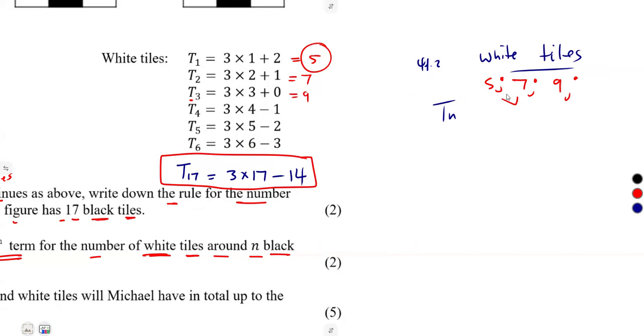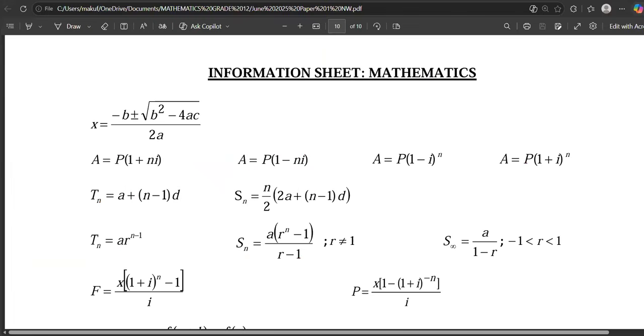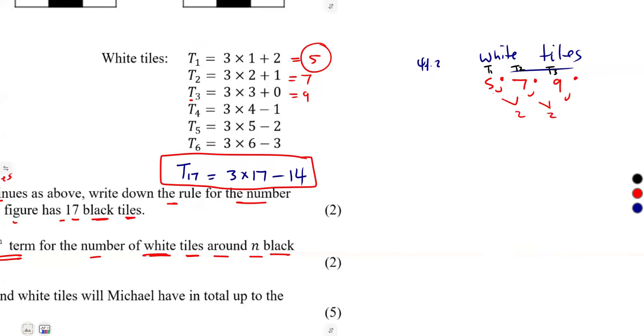The constant difference: 7 minus 5, that's a 2. 9 minus 7, that's a 2. So you can see that we've got an arithmetic sequence here. So our Tn is going to be taken from an arithmetic sequence, where Tn is equal to a plus n minus 1 times d. You consider that: Tn equals a plus n minus 1 times d.